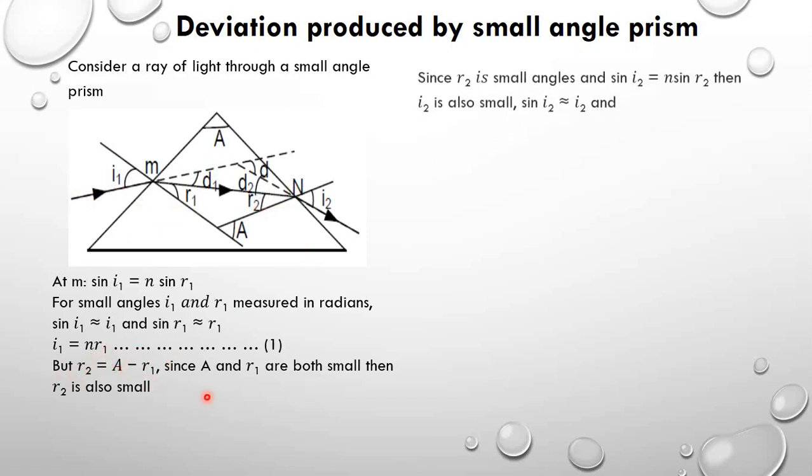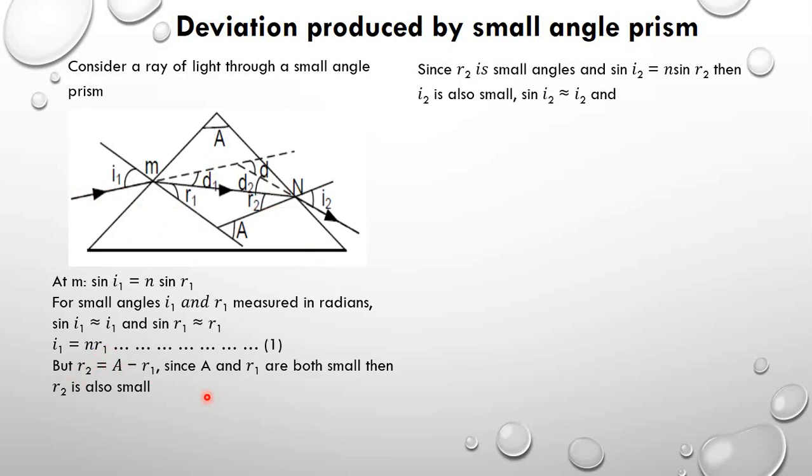And that implies that we can apply the same condition to R2 and I2. So sine of R2 is approximately equal to R2, and sine of I2 is also approximately equal to I2. The same condition we applied here also applies there.